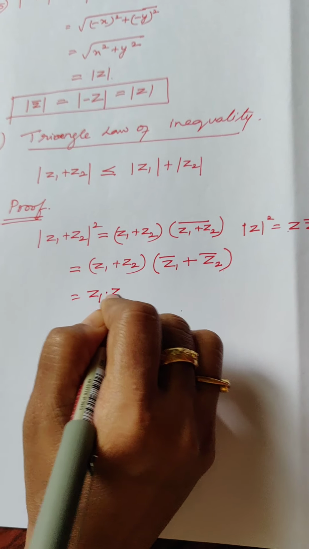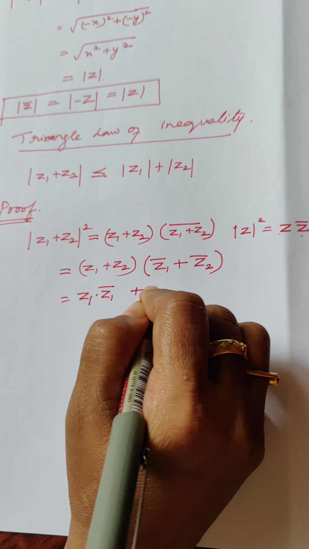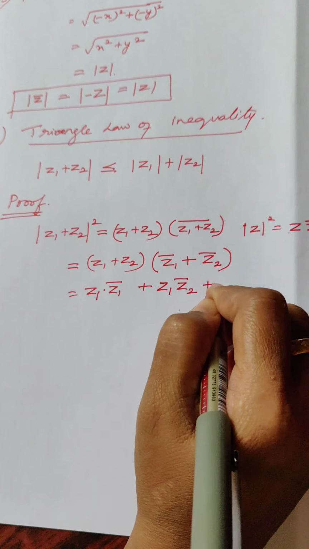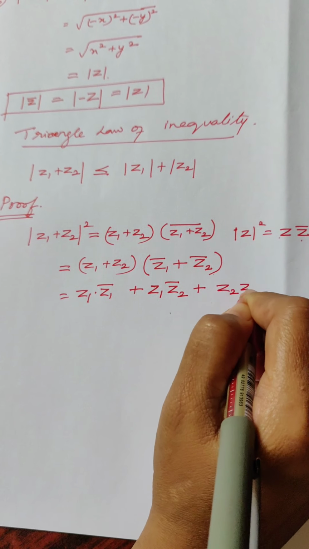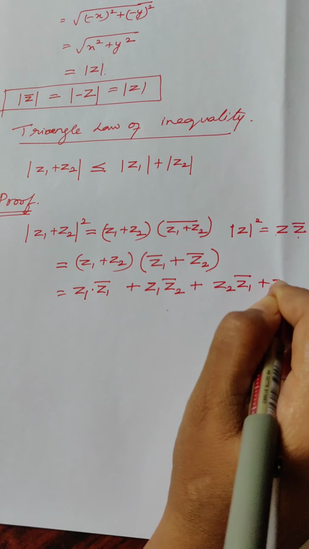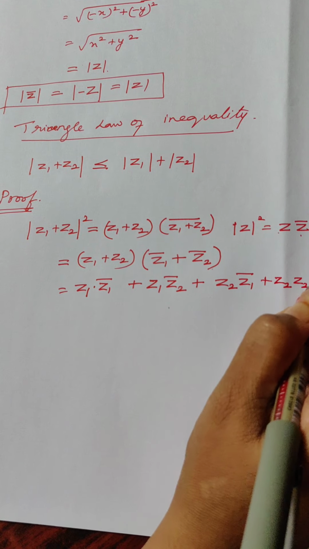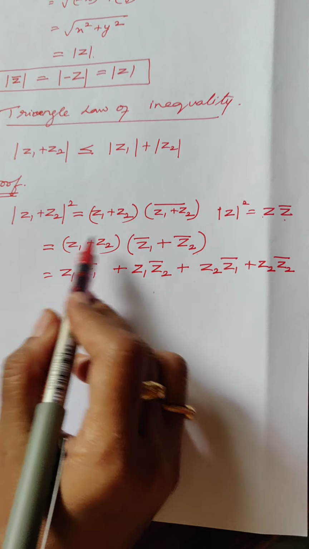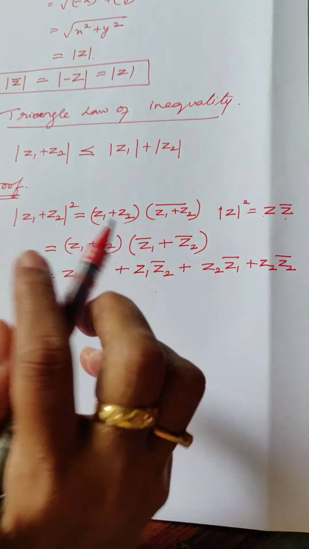Okay. Next, I am just going to multiply: z1 into z1 bar plus z1 into z2 bar plus z2 into z1 bar plus z2 into z2 bar. Is it clear, all of you? You can multiply from this side or that side, anything.